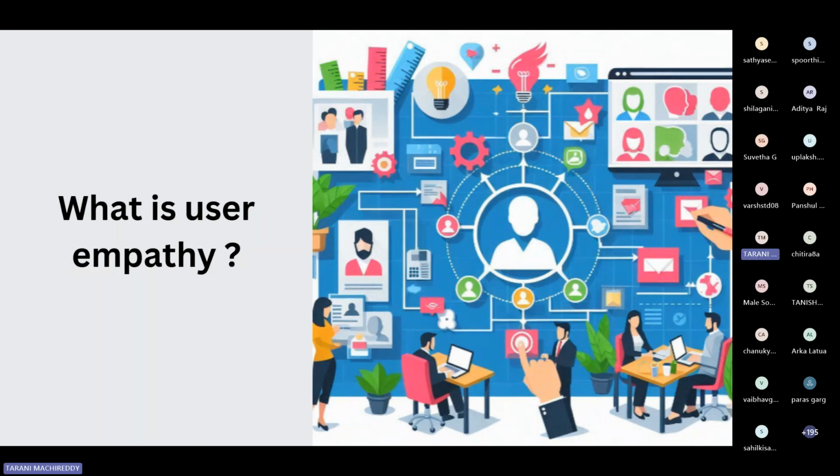Problems faced by the users, understanding how users feel. Yeah, it's related to understanding the needs and how users feel, user comfort. Yeah, it's true. What is the need of the people? Yeah, many people are guessing it right. How the user thinks about the product.